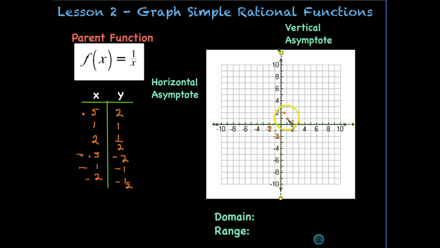Well, I know that I'm going to come up here and get really close to this asymptote, but I'm never going to reach it and I'm never going to cross it. I'm just going to get really close to both of them, the vertical and the horizontal. Same thing with the one down here. I'm going to draw it really close, but I'm not going to cross it or reach it.